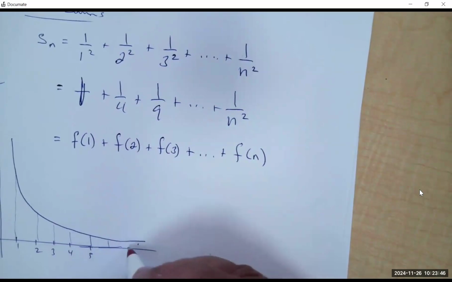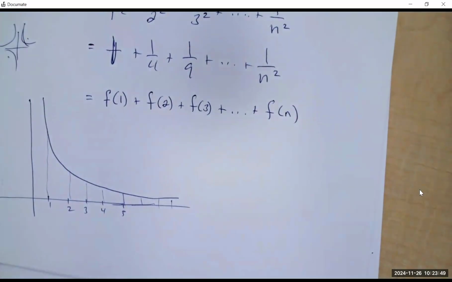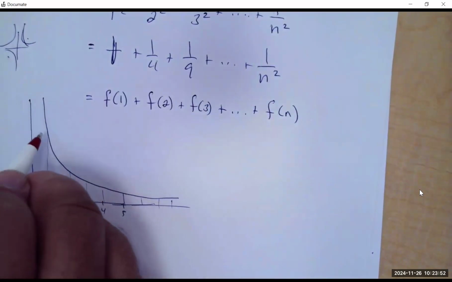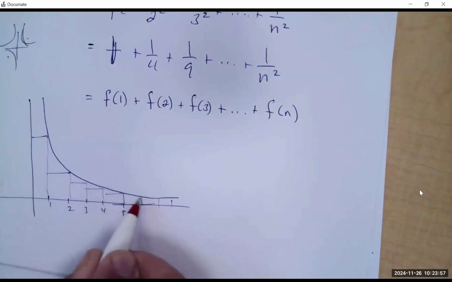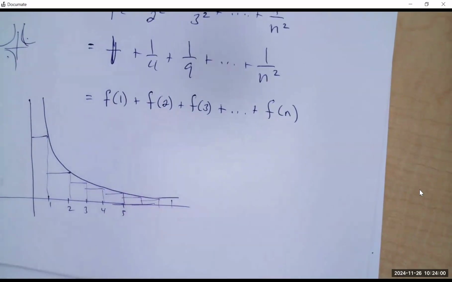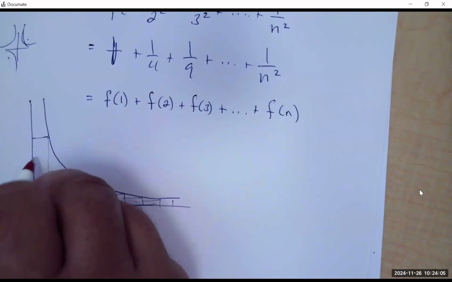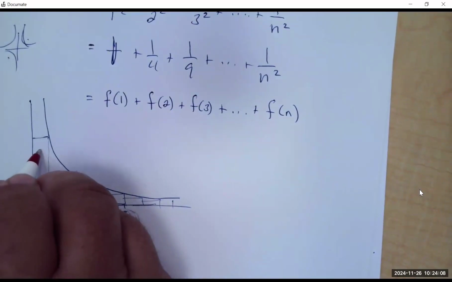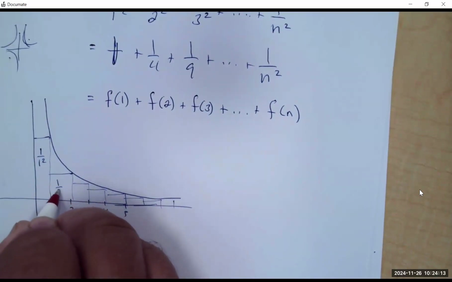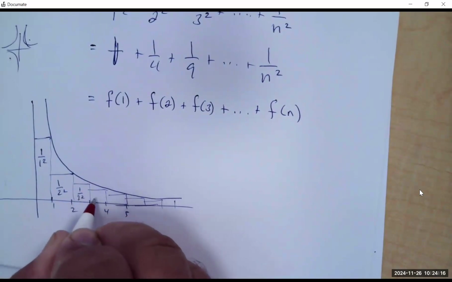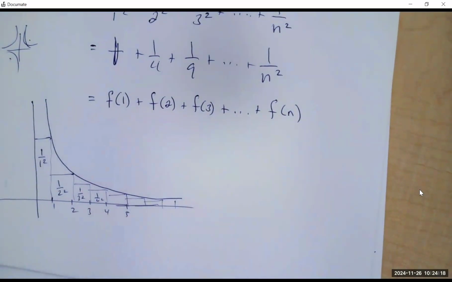So what do each of these represent? Each of these represent areas. So this is from 0 to 1. This is 1/1 squared. From 1 to 2, 1/2 squared. 1/3 squared, 1/4 squared, and so on and so forth. Follow me so far? So now, how do these two relate?